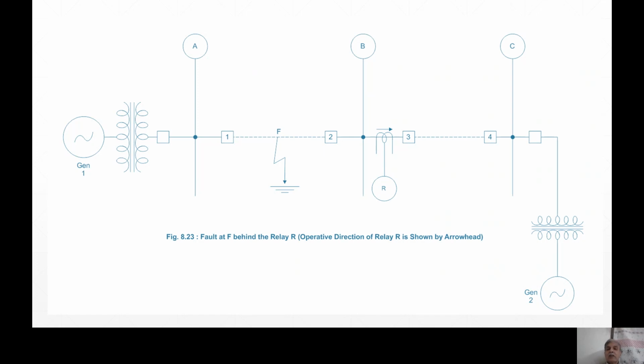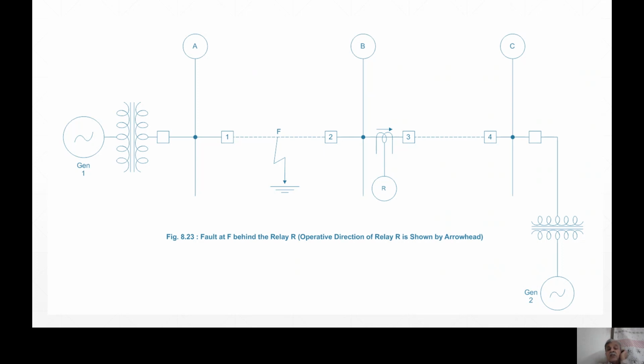And if it trips breaker 3, bus bar B will be isolated from the power being fed by generator 2. So it has to depend on power being fed by generator 1 only. Probably the power may be so high that generator 1 cannot feed power to bus B. So the power system may become unstable or you may have to do load shedding on a large scale.